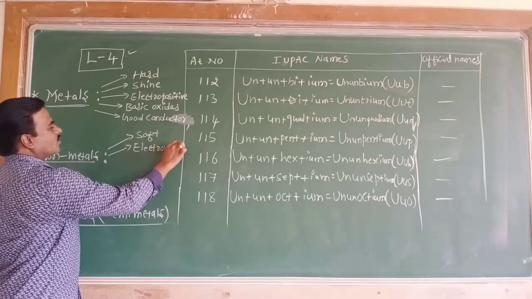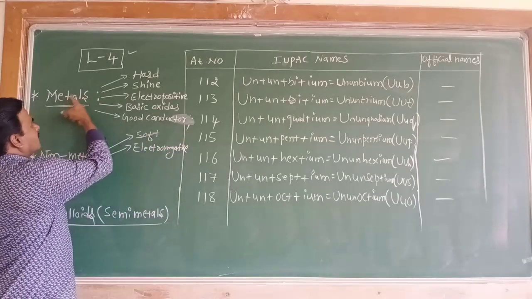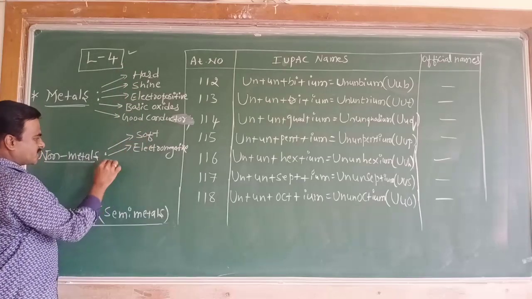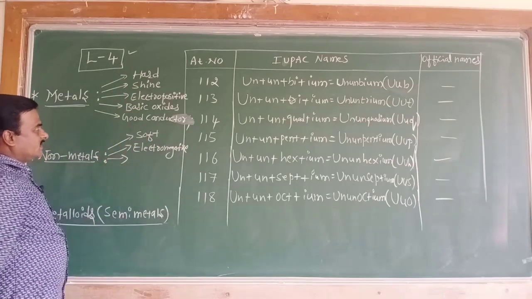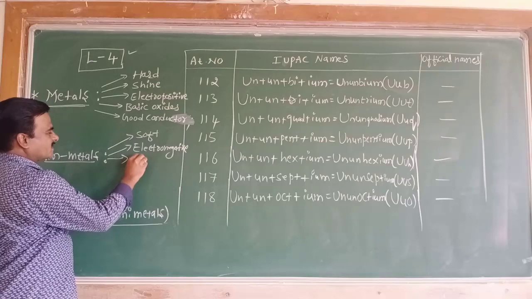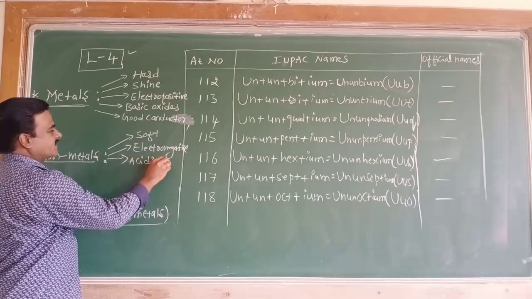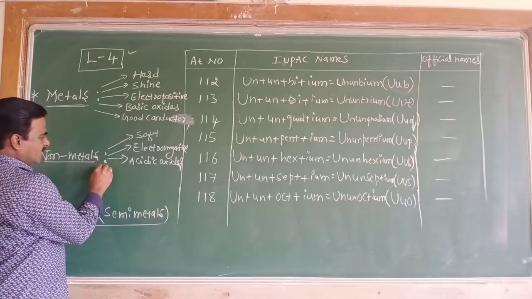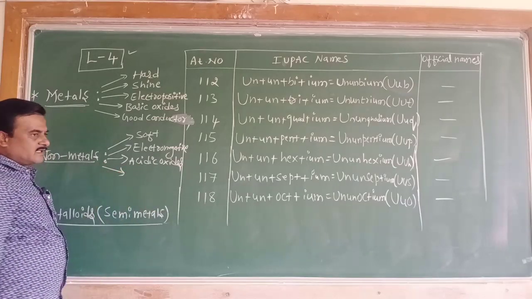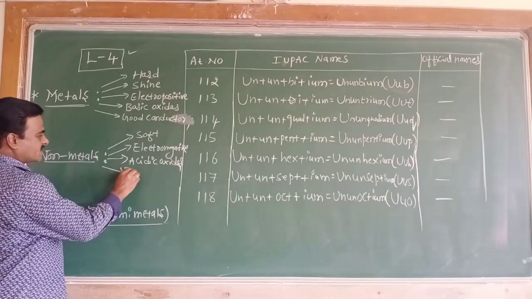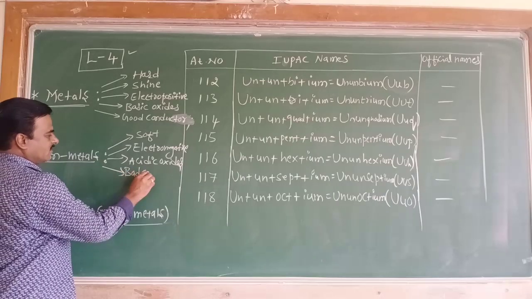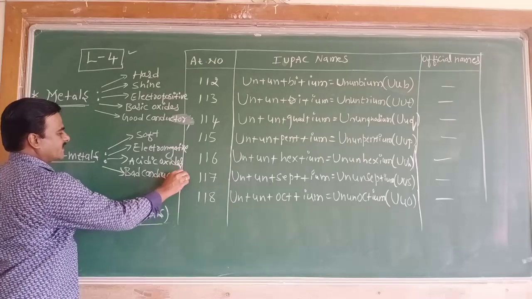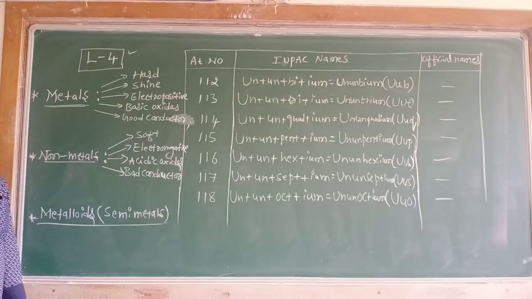Hard or soft does not matter much, with some exceptions. Next, they form acidic oxides with oxygen. And they are bad conductors of heat as well as electricity. These are the important properties.